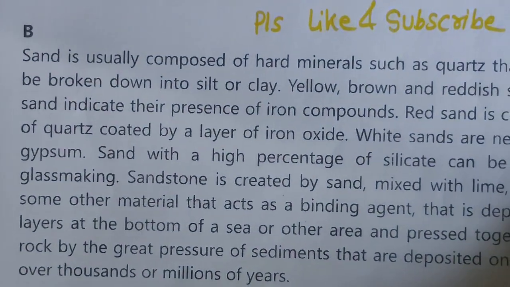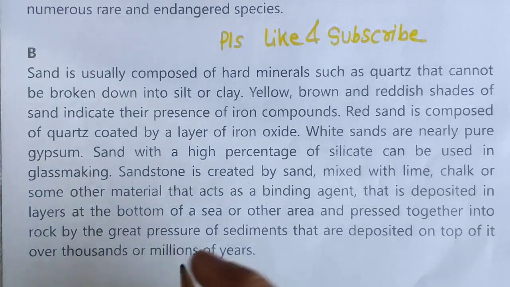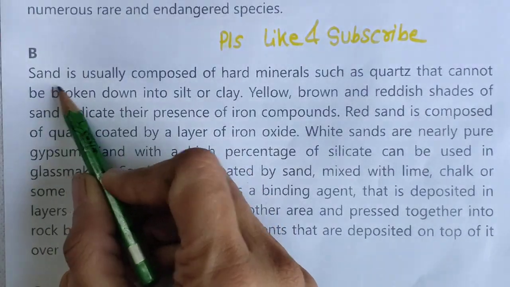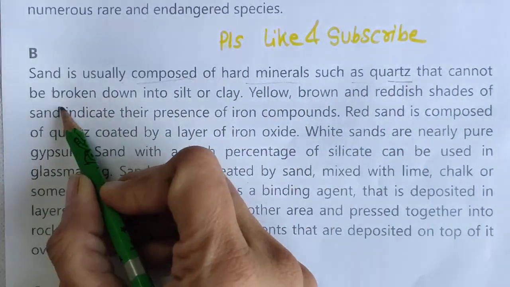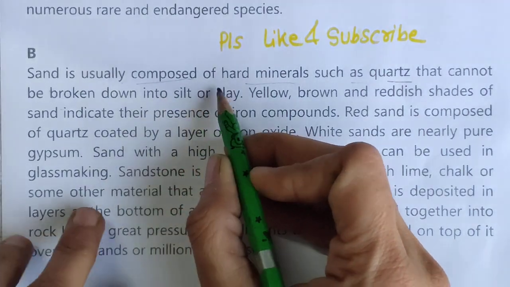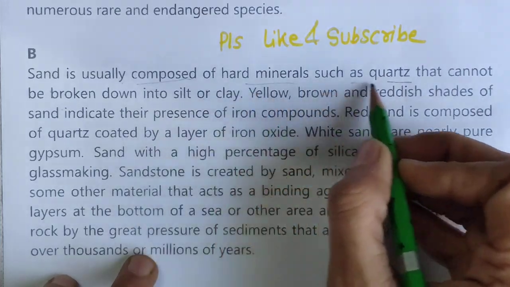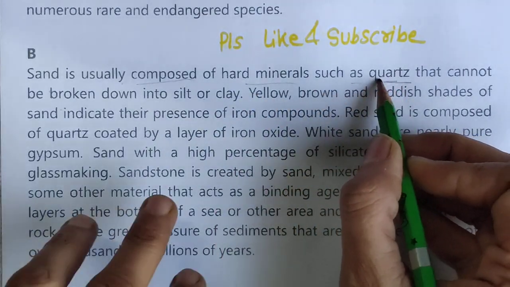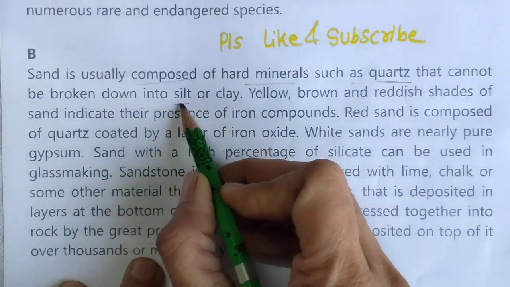B paragraph. Now you can see this, you also do it with me. Second paragraph, B: sand is usually composed of hard minerals such as quartz that cannot be. One thing I want to say: whenever we are doing these kinds of questions, when we are reading whole paragraphs, paragraph-wise, please underline whatever you think is a different kind of thing, minerals, quartz, silt, clay.